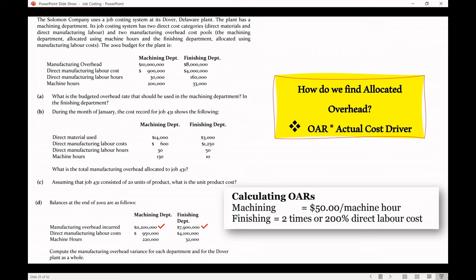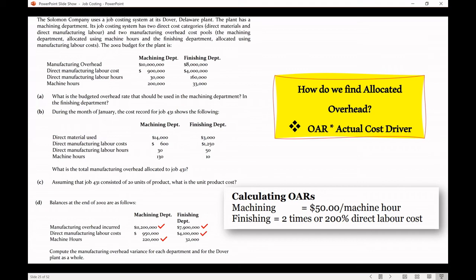So let's do the machining department. We know the OAR, which is $50 per machine hour, right? And the actual cost driver is 220,000 machine hours, right? So to find allocated, we have to multiply the two. 220,000 times 50 should give you 11 million, right?